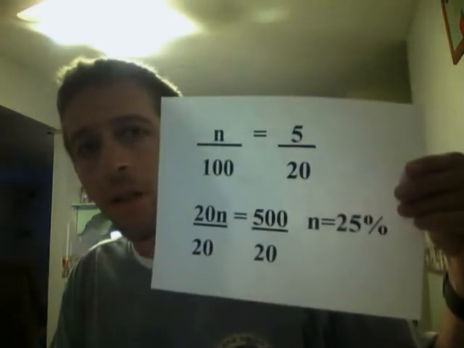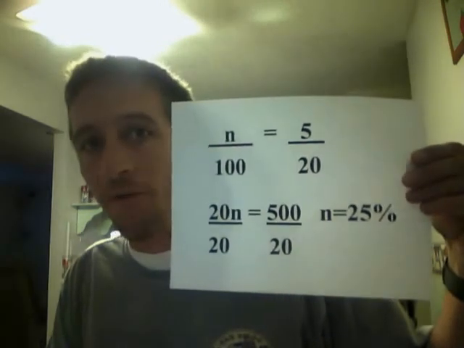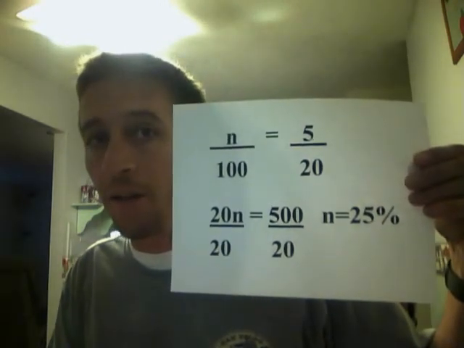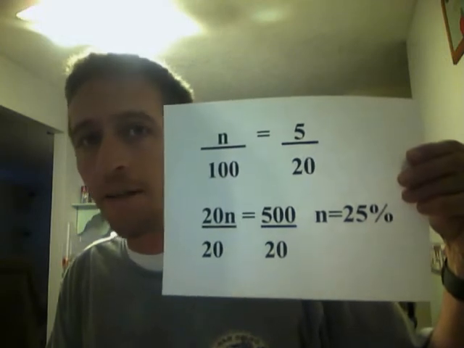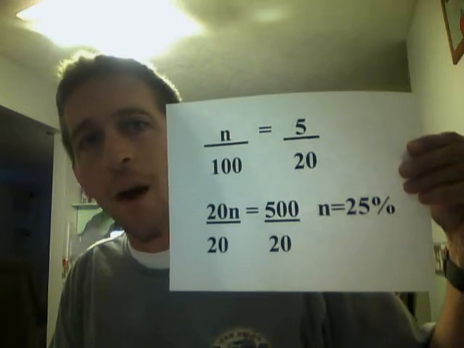Now comes the tricky part. We must take those new numbers now and find the percentage rate that Bruce has left. So here we set up the problem like this. N over 100, or percentage rate over 100, because 100 means 100%. And my whole number is 20.